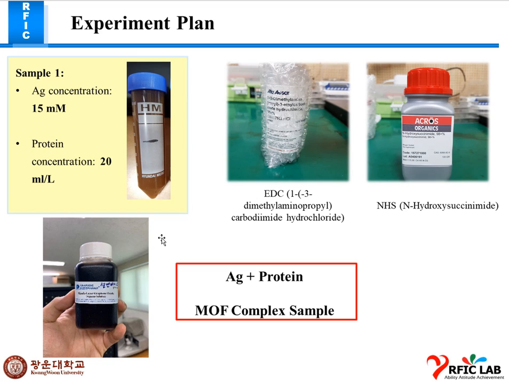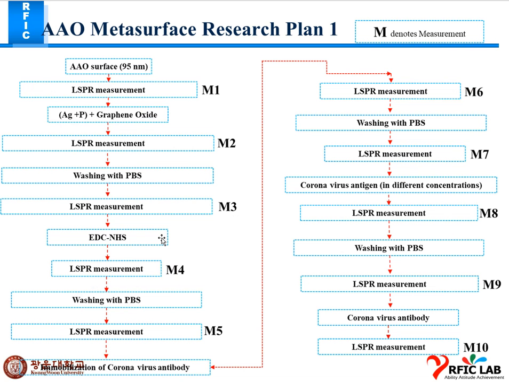That's why we go with the MUA chemical, buying this stuff, and then we start the AAO research work. So this is the research plan. We have made two different kinds of research plan. The AAO surface has 95 nanometer pores, so we go with that AAO membrane surface.